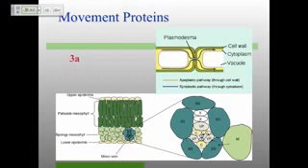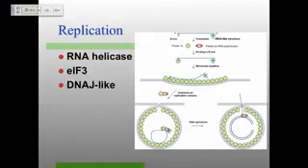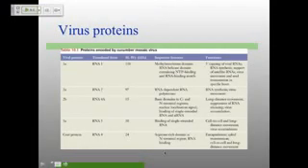So again, if we go back to our table, this 2B protein suppresses RNA silencing. And this has been one of the big areas of research in a lot of these plant viruses, because RNA interference is a really big deal. Got a Nobel Prize a couple of years ago.